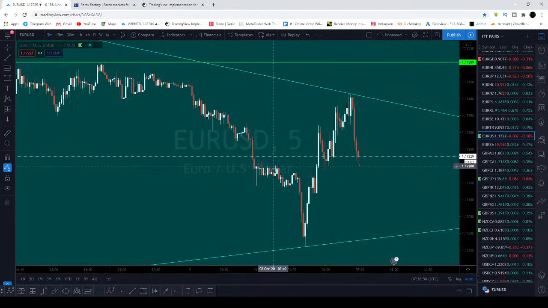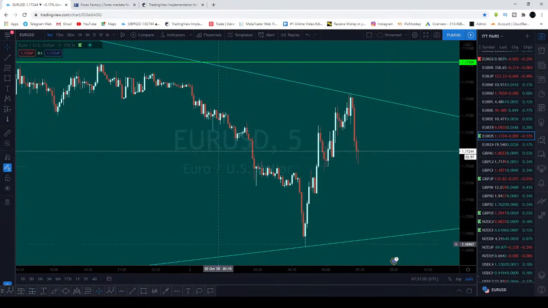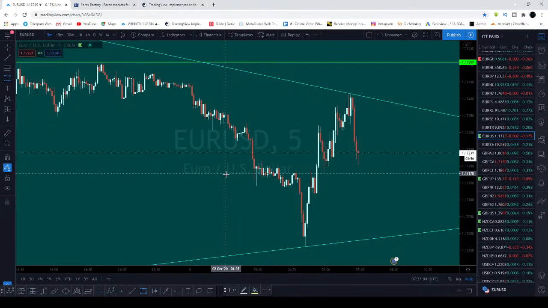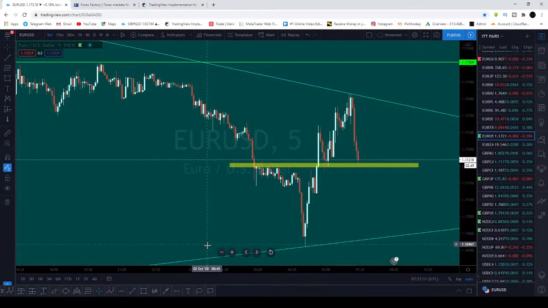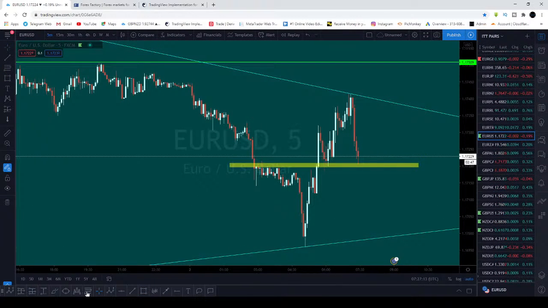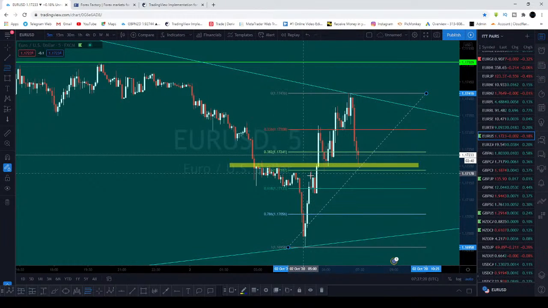A very, very big engulfing candle, and I'm seeing another support. 50%, 61%.